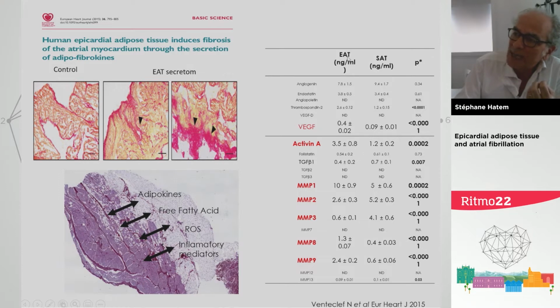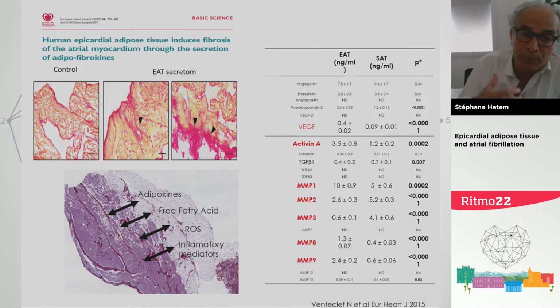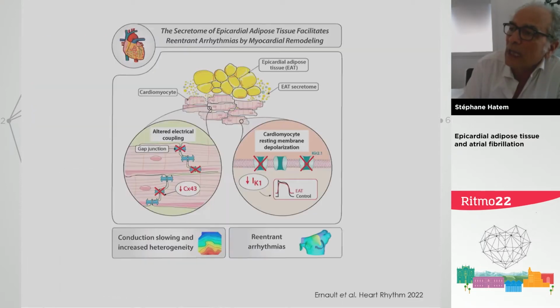And we found that this massive fibrosis is due to the fact that this epicardial adipose tissue, but not the subcutaneous adipose tissue in the same patient, secretes activin A, which turned out to be a very potent pro-fibrotic molecule, which is also known in other organs like the liver, for instance.